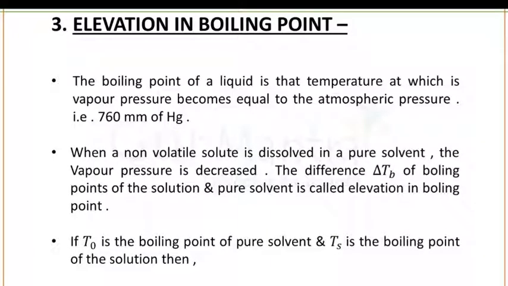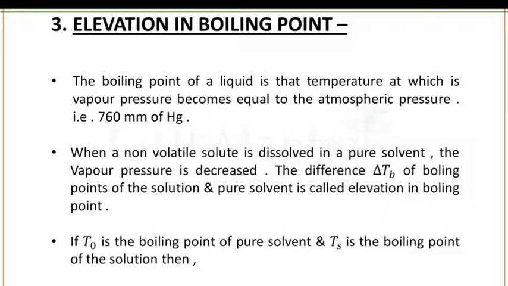Now, the third colligative property we have is elevation in boiling point. So what do you mean by elevation in the boiling point? The boiling point of a liquid is the temperature at which the vapor pressure equals the atmospheric pressure, which means the vapor pressure will be equal to 760 mm of Hg.